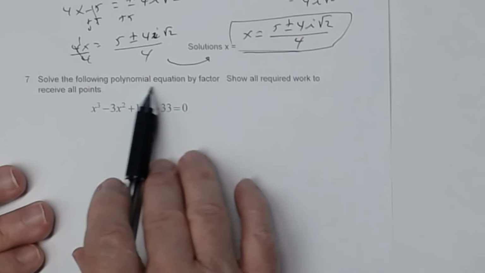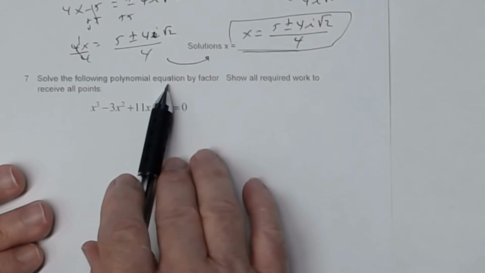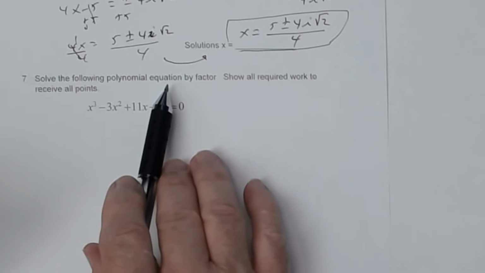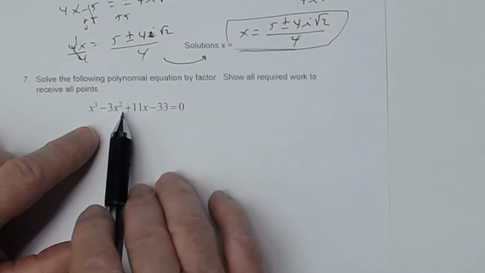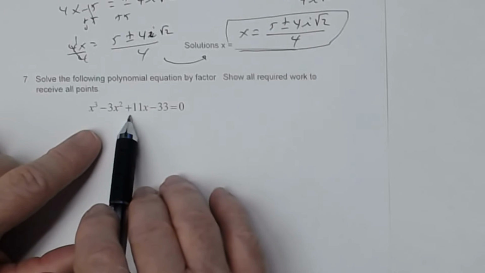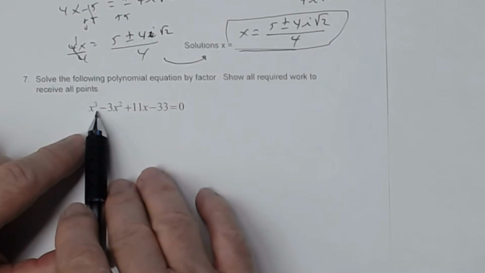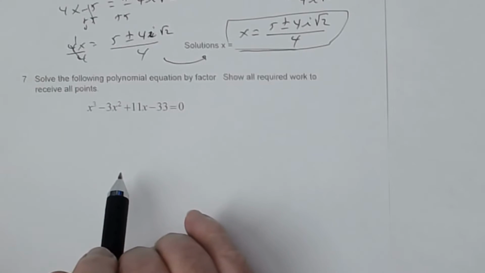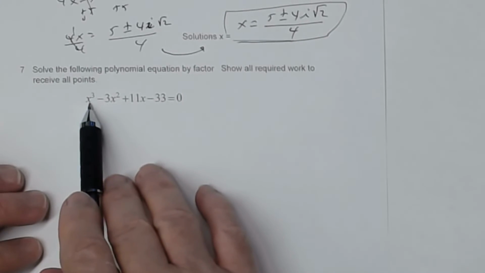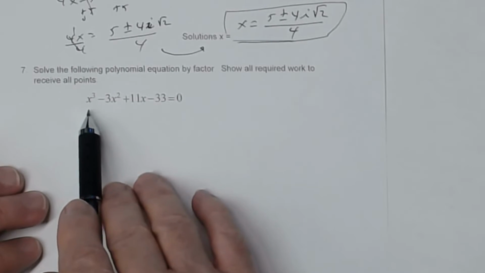Now, in previous lessons and also in previous courses, you had some experience, for some of you it may have been a while, but you've had experience with factoring. So when you have 4 terms, normally, it's not always true, but normally what you want to try is to factor by grouping.